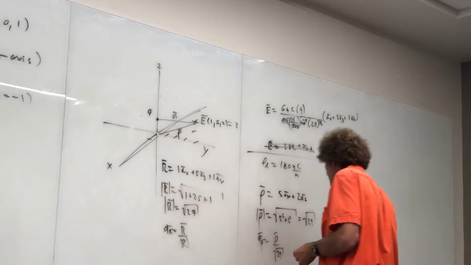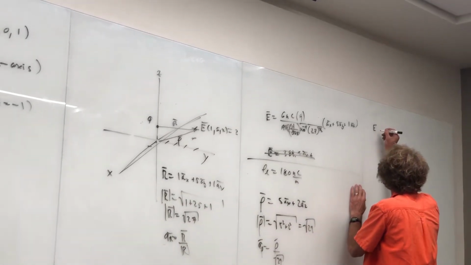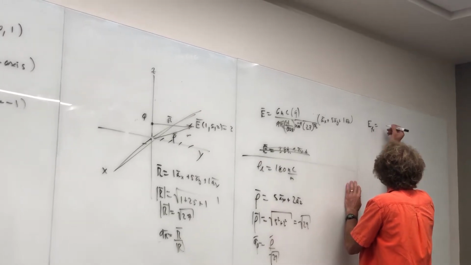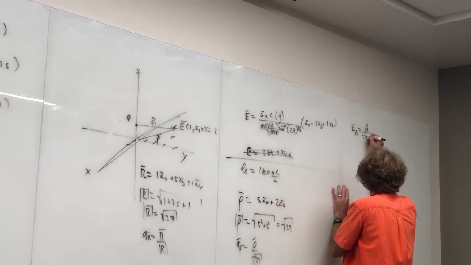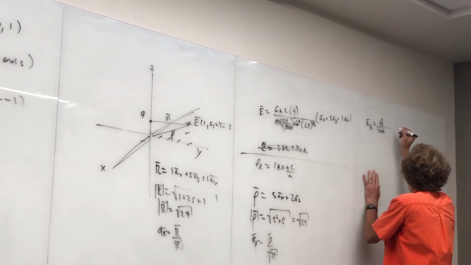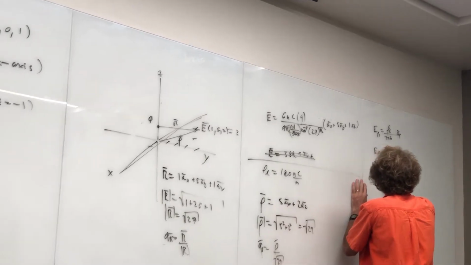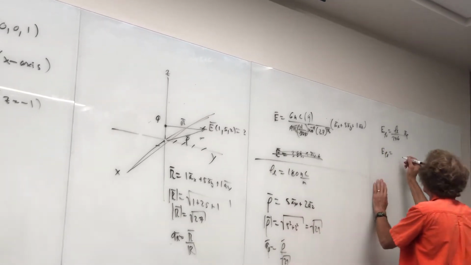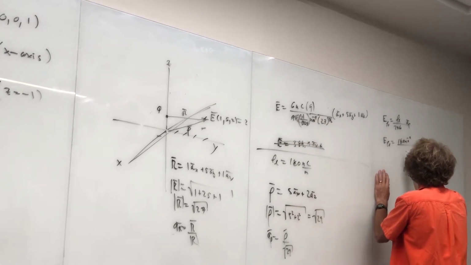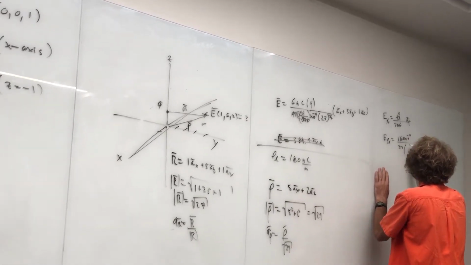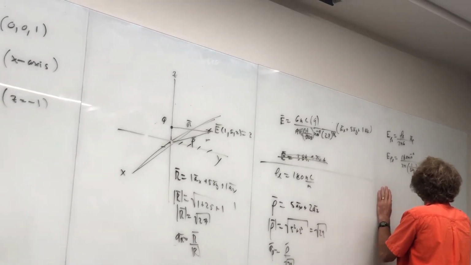Right? And now I can say that the E field from the line charge, E field from rho L, is equal to rho line charge over 2 pi epsilon naught, and then it's going to be a rho. So here, E rho L is equal to rho L, which is 180 times 10 to the minus 9 over 2 pi, and then it's going to be 1 over 36 pi times 10 to the minus 9.